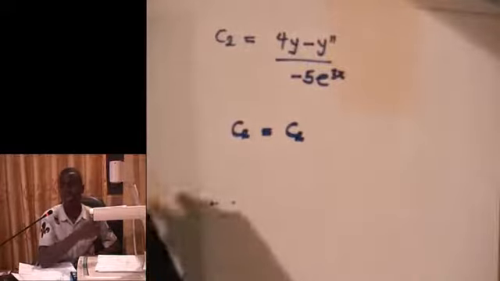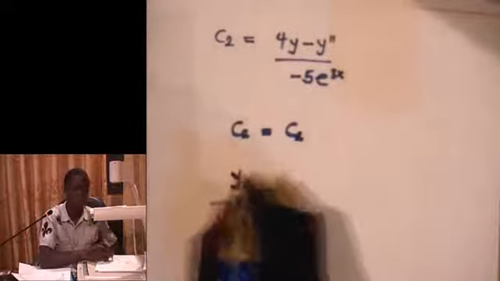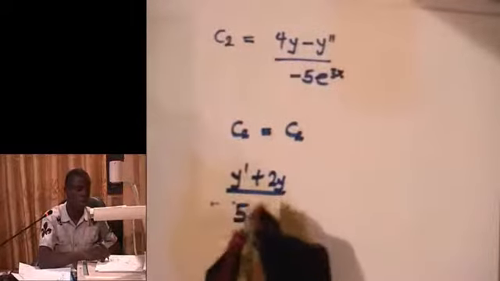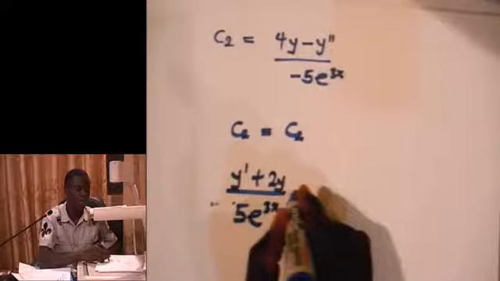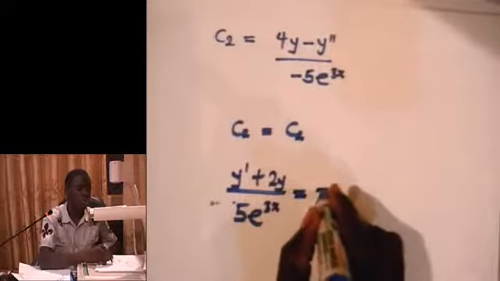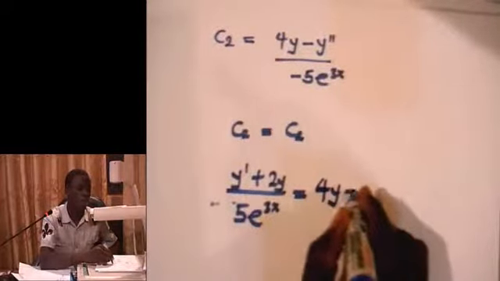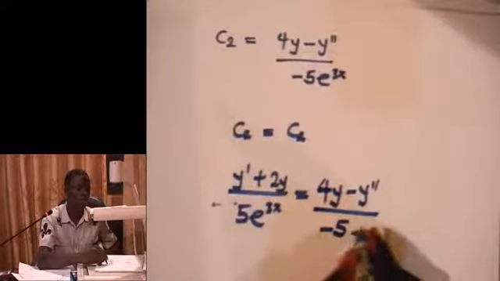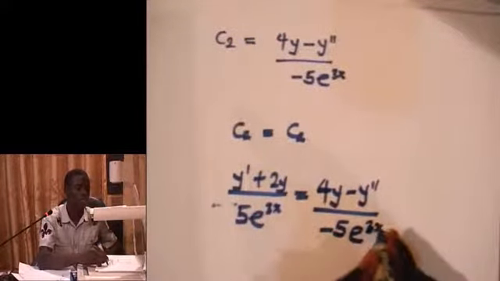From the first equation for C2, we have (y' plus 2y) over 5 e^(3x) equals (4y minus y'') over minus 5 e^(3x).